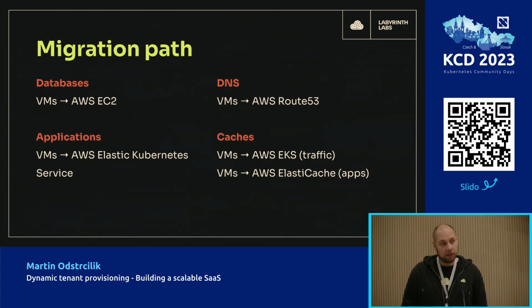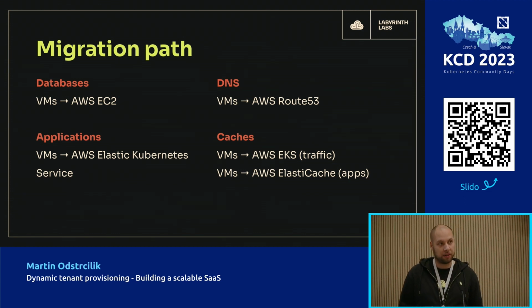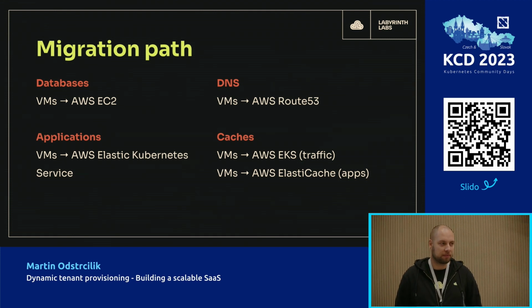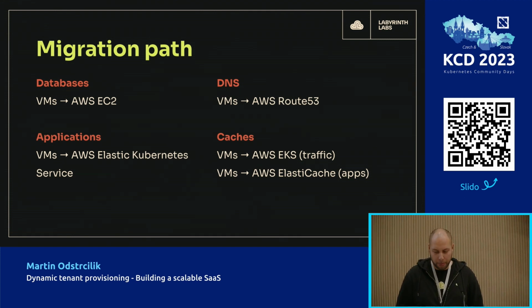Also, they were managing or hosting the DNS services on their own, on their VMs. And this is kind of a danger zone, so we really pushed them to use a managed service from AWS, like Route 53.